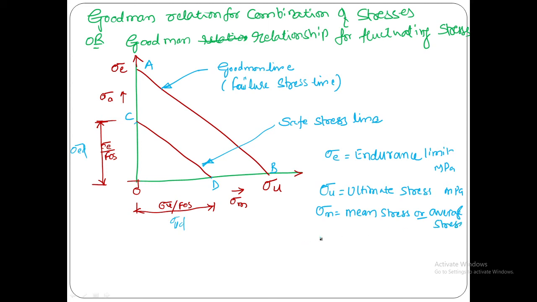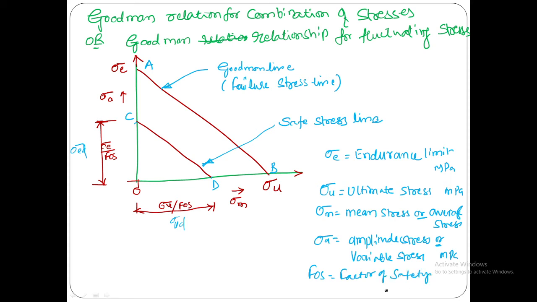Sigma a is the amplitude stress, or the variable stress, in megapascal. Next, let us consider FOS as the factor of safety.